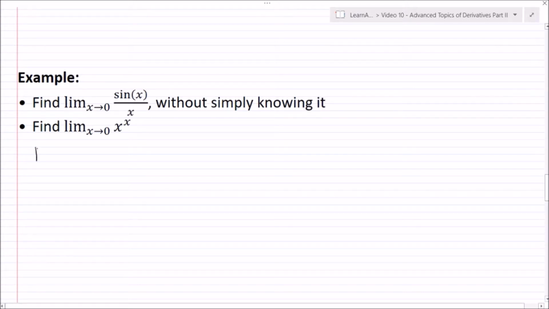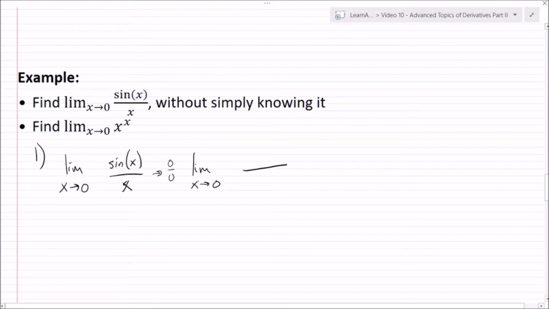Okay, so our first one is pretty straightforward, because when I plug this in, I'm going to get 0 over 0, so I can just take the derivative of the top and bottom according to L'Hopital's Rule.